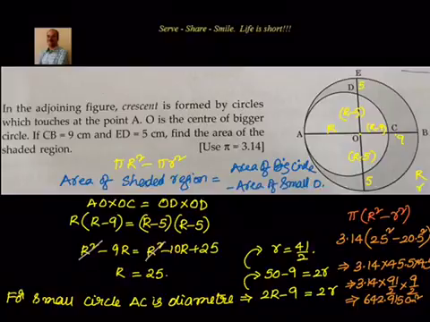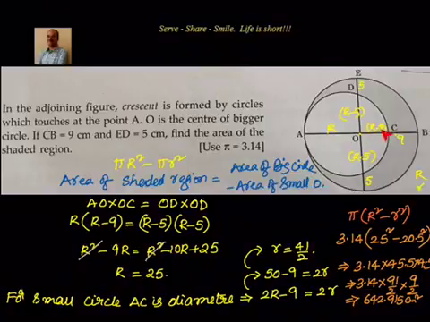642.915 cm square. So the point we have to understand here is the property we have to remember: in a circle, if two chords are intersecting with each other, as in the small circle we are talking about, then the product of their segments are equal. Once we know OA is capital R, OC will be R minus 9 and OD equal to R minus 5. This is also R minus 5.